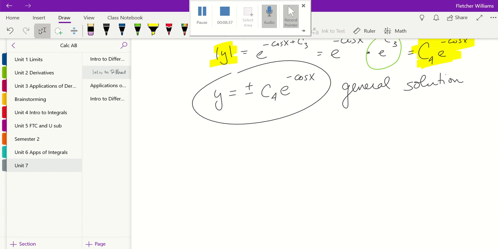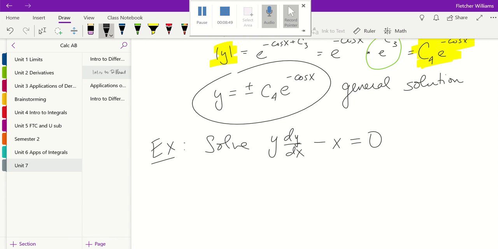Okay, so example, solve y times dy/dx minus x equals 0. Maggie, step 1, what do you think?